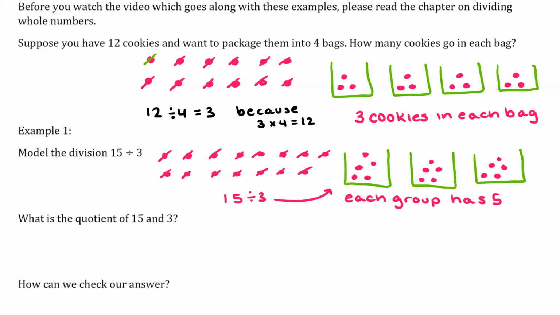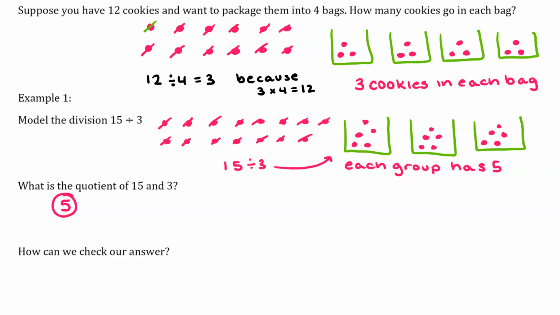So the quotient of 15 and 3 is 5. How could we check our answer? Well, we could check our answer by doing 3 times 5, and that would make 15. So division and multiplication are related.